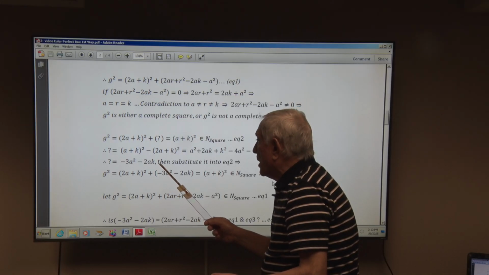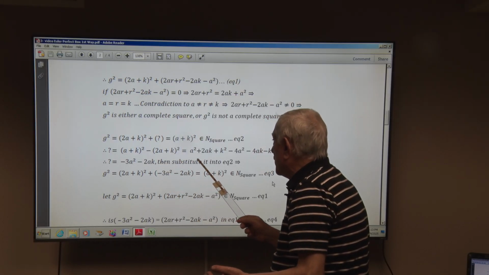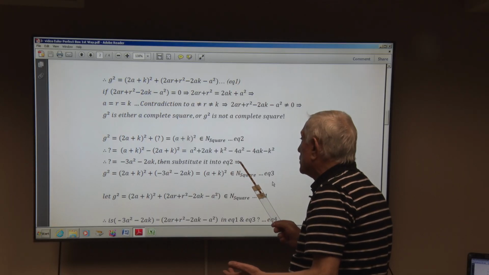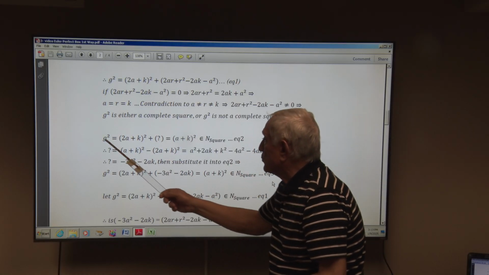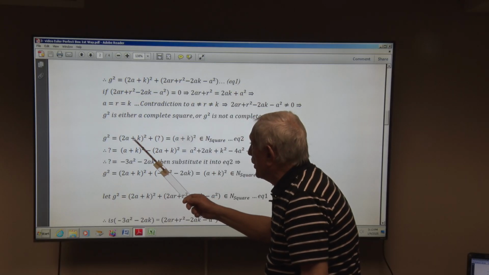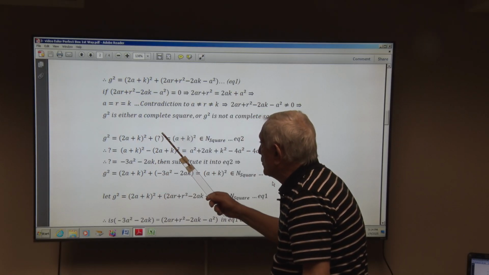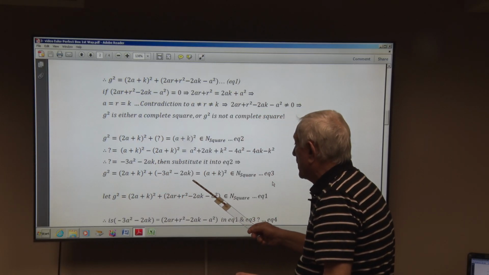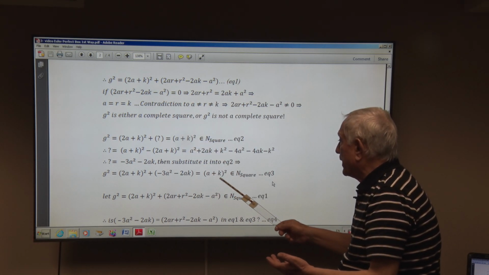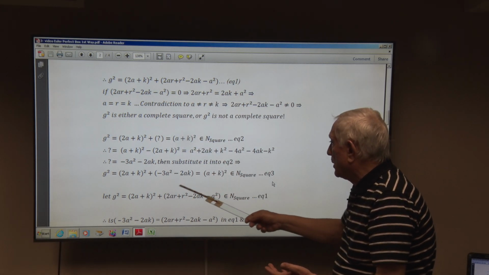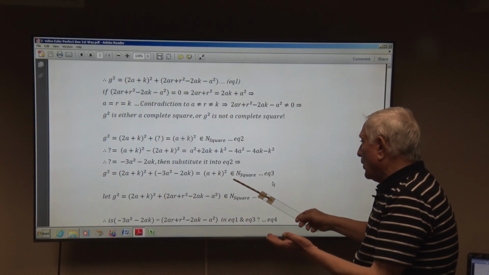Then substitute it into equation 2. Okay, equation 2, come down please. It is here, g square, 2ak, 2ak. Question mark is this. The other side was this, a plus k. And now this one is telling a square.